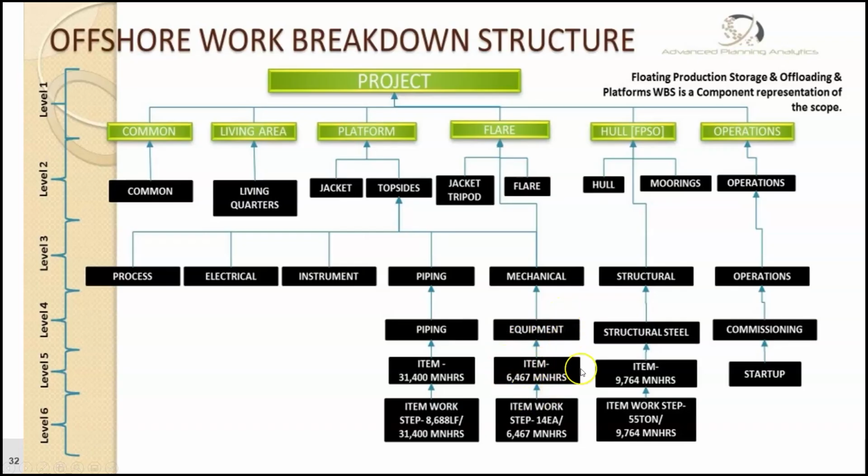Then beneath that is where you'll find that item, and we're going to call them items, and it'll have an associated man hour. So for example, a piece of equipment in the flare would have an item, and as you get down to the lowest level, level 6 and 7 of this, you'll actually find the work step. So there'll be 14 of those work steps for those 6,000 hours.